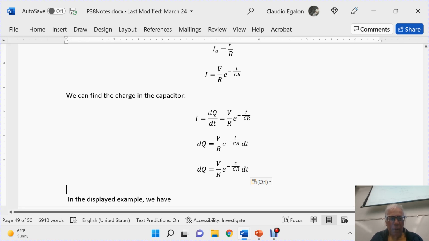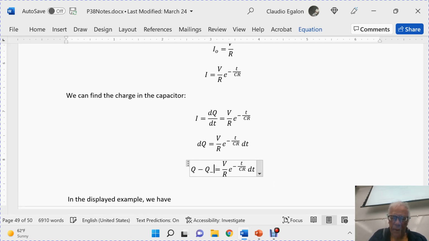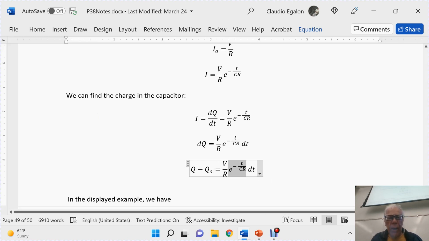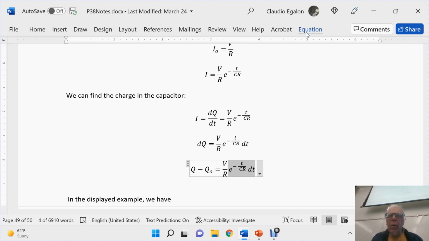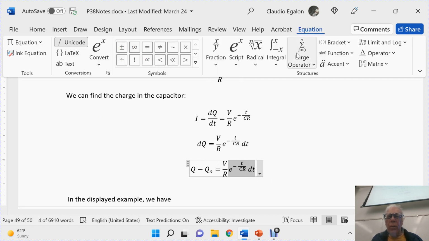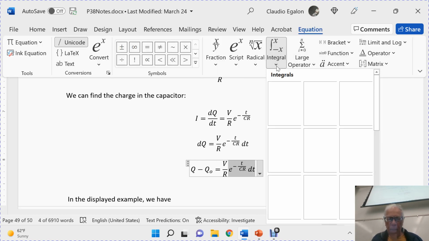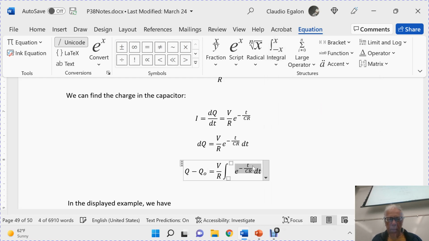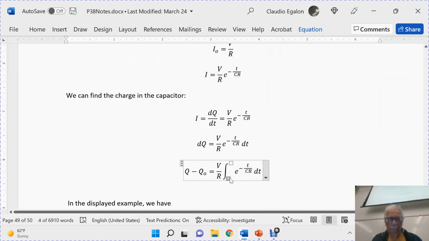Okay. So here you go. Apply the integration to both sides. Don't forget the initial charge. t from 0 to t.